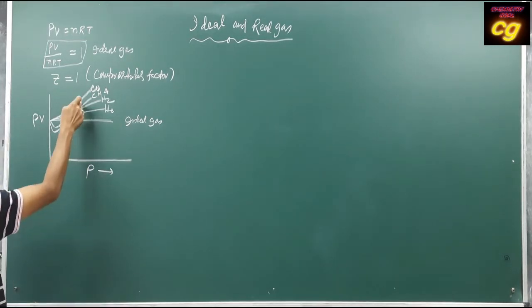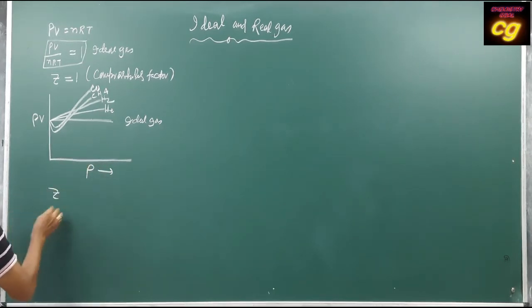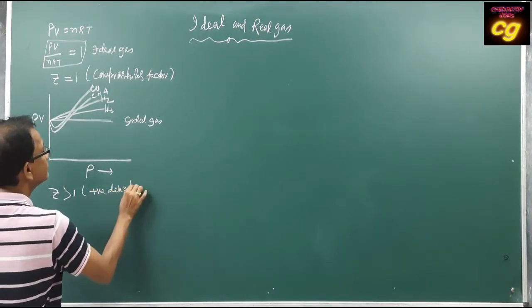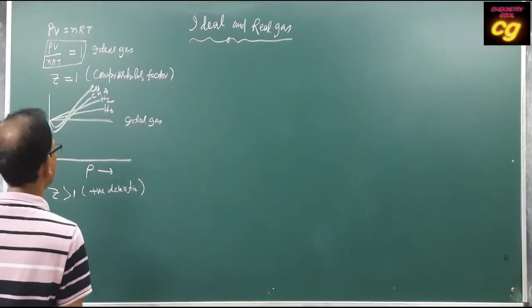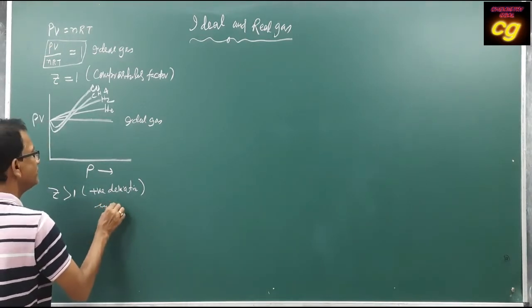And in positive deviation the Z value will be greater than 1. A positive deviation means the gas is generally incompressible.